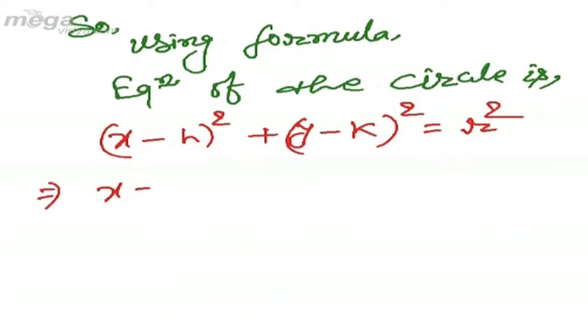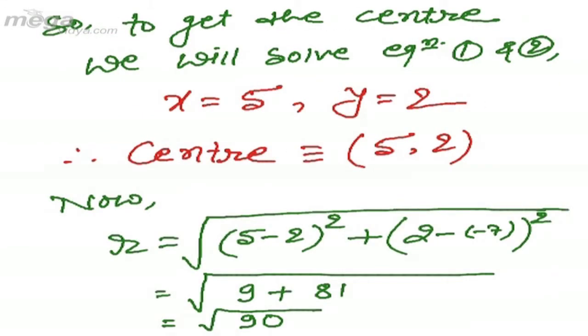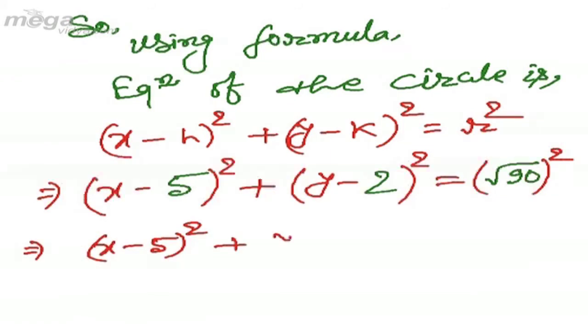So it becomes (x minus 5) whole square plus (y minus 2) whole square is equal to r square, and r is root 90, so root 90 whole square. So finally it becomes (x minus 5) whole square plus (y minus 2) whole square is equal to 90.